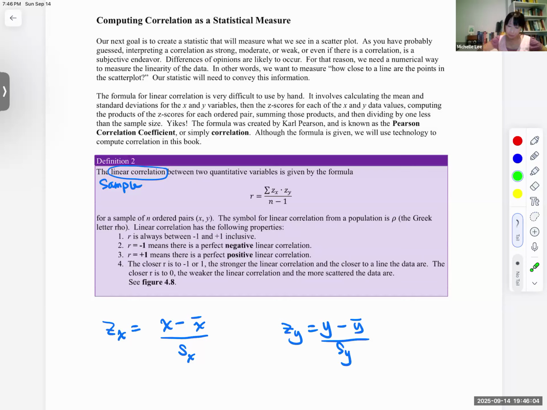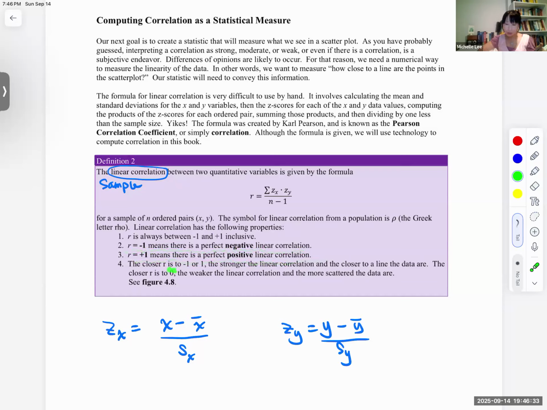Okay. Now, R is always between -1 and +1 because it's perfect, right? Perfect positive, perfect negative correlation. We had that earlier, right? If R equals -1, that's a perfect negative linear correlation, and R equal to +1 is a perfect positive linear correlation, right?